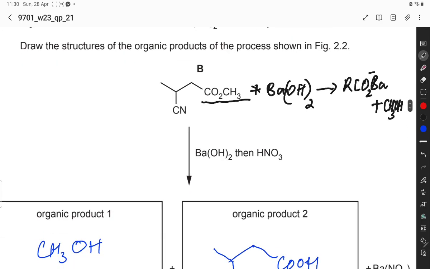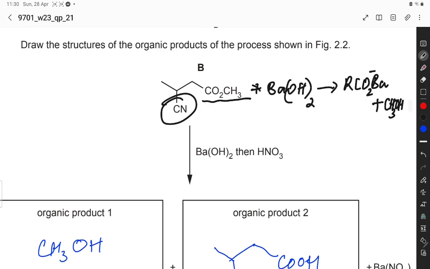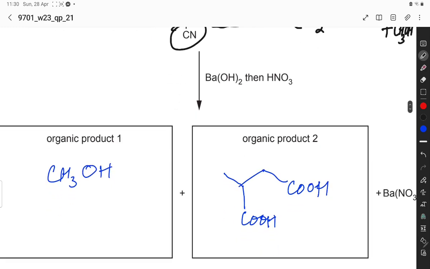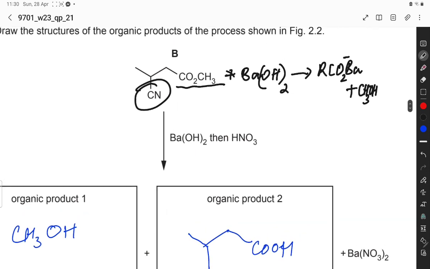Then nitric acid acts on this compound and it changes into carboxylic acid, COOH. So the first organic product is methanol.